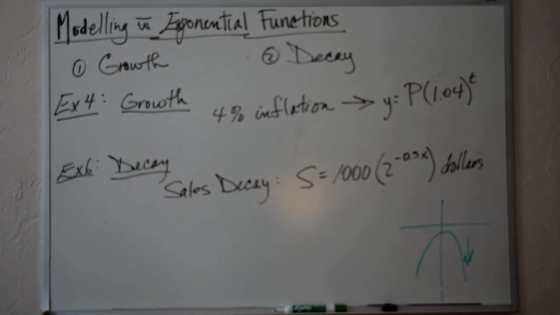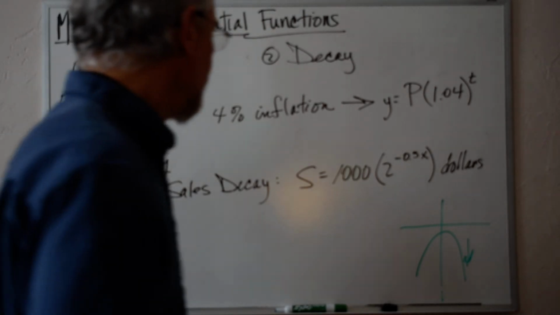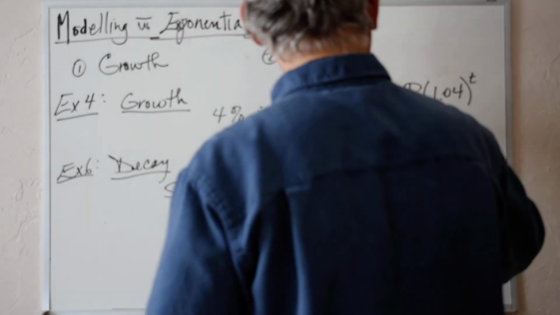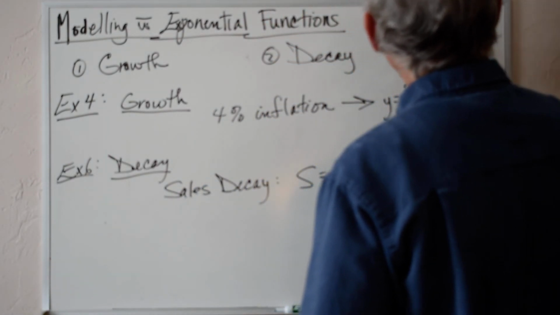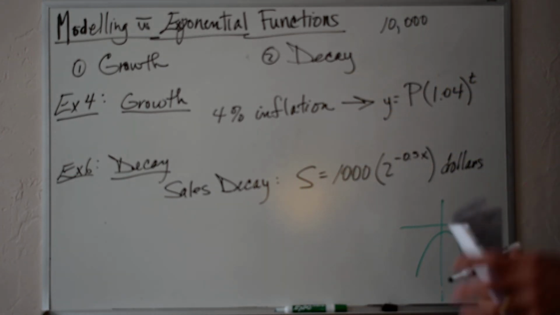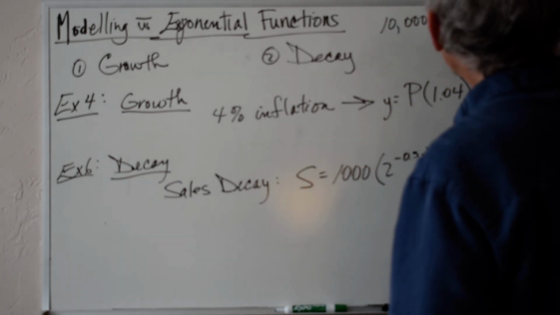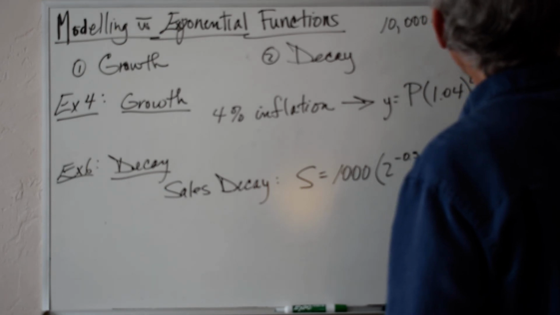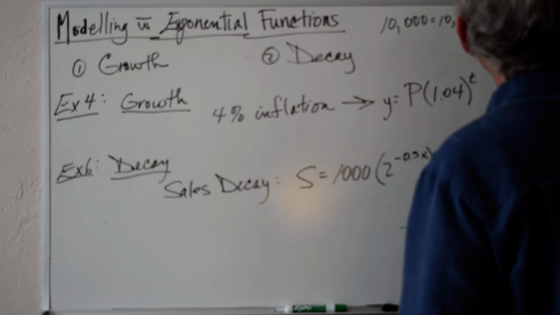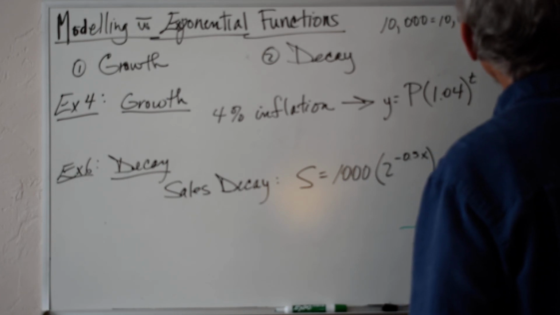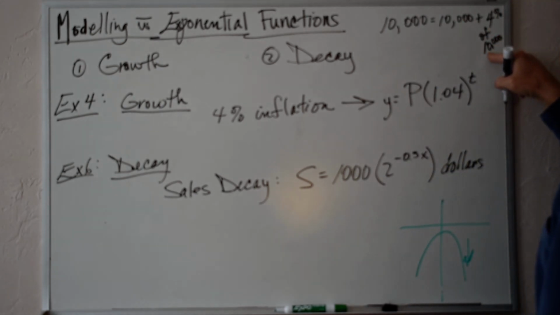You might say, why is that? Well, if something costs $10,000 and in a year from now it's going to be increased by 4%, that means the new cost will be that $10,000 plus 4% of 10,000, right?